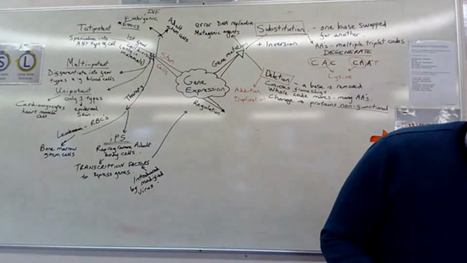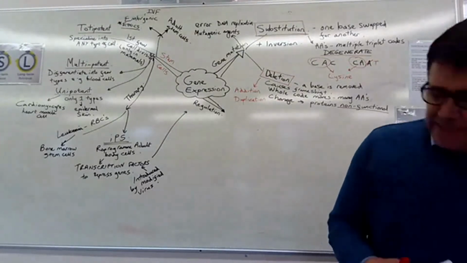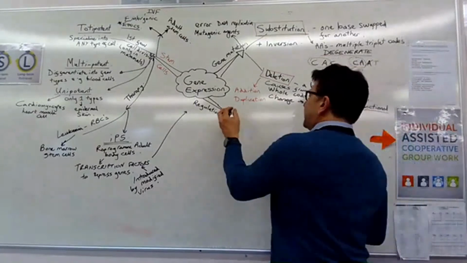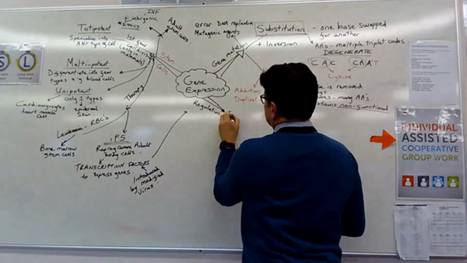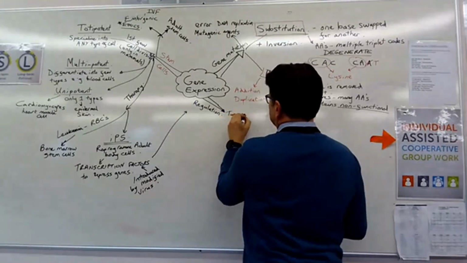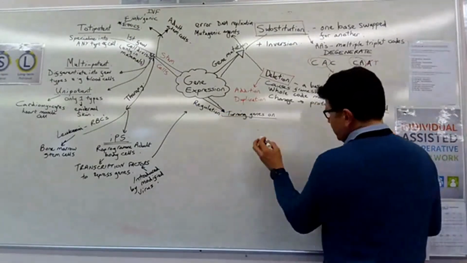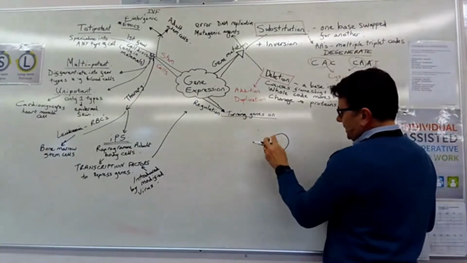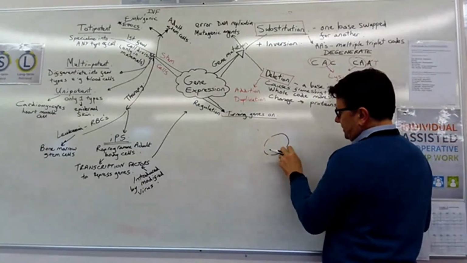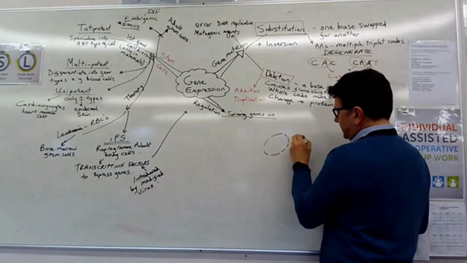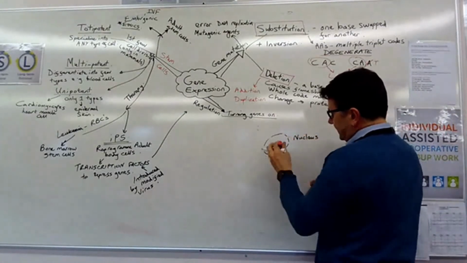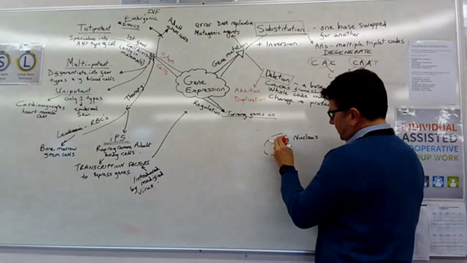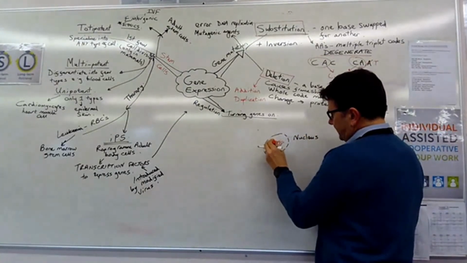Okay, so it's quite complicated, to say the least. Okay, so let's talk about turning genes on. Outside, here's a nucleus, and inside I've got my DNA, double helix, kind of.